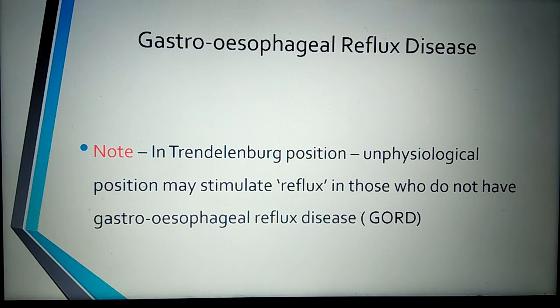In the Trendelenburg position, remember this thing, it's a very unphysiological position adopted during some operative procedures. In that case, it may stimulate reflux in those patients who do not have gastroesophageal reflux disease. One of the factors that may mimic the symptoms of GORD.